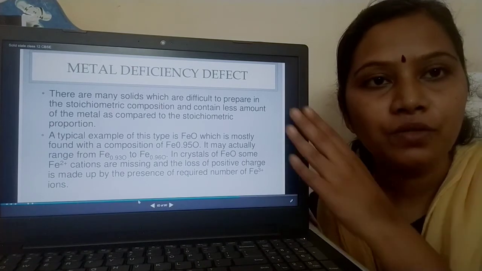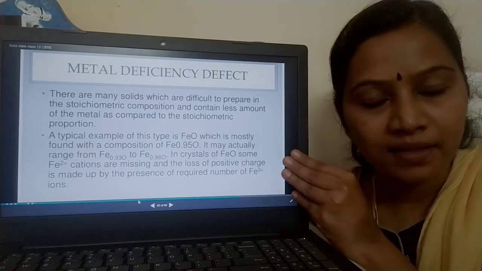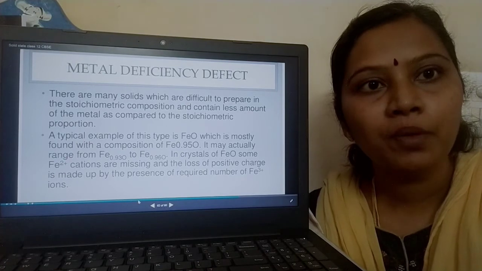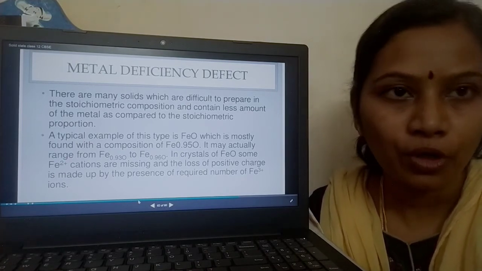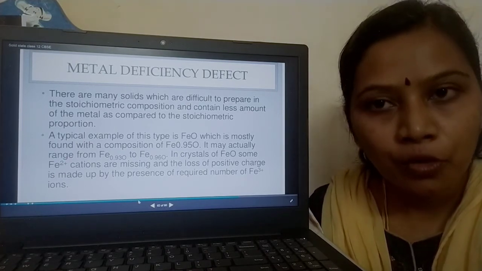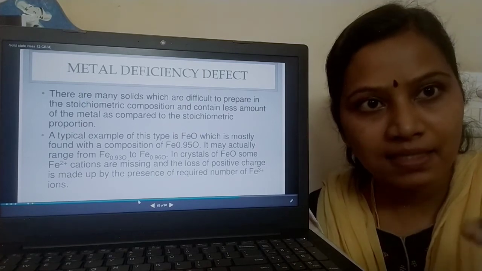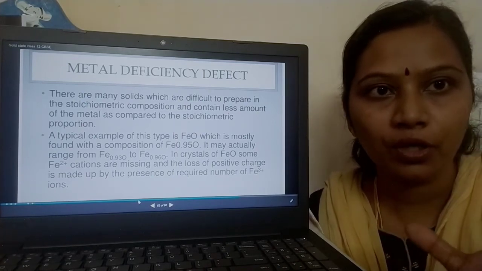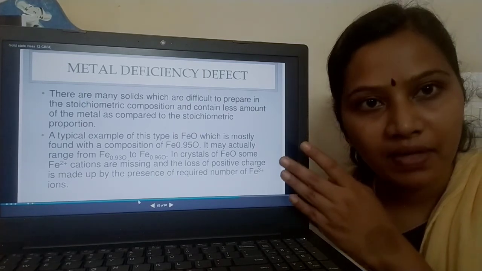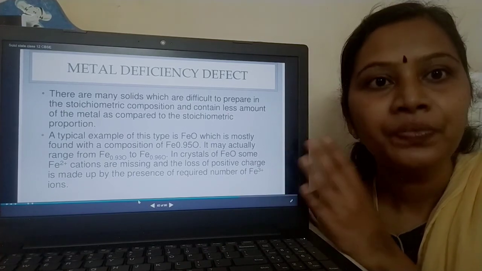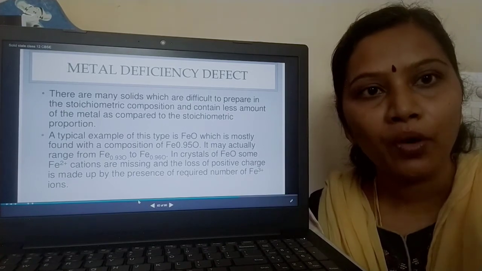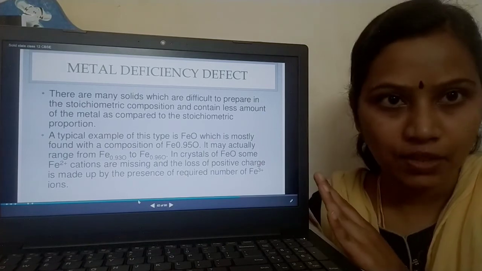Okay. So the main idea of this slide is that it is difficult to prepare a particular metal compound in a stoichiometric proportion. If we try to prepare it, the proportion is less than what should be present in a stoichiometric composition. Here they have taken the example of iron oxide; the actual proportion should be 0.930 to 0.960.